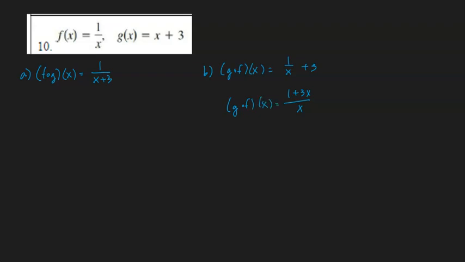Okay, now let's go ahead and figure out the domain of f. x cannot be equal to 0, and the domain of g is all real numbers. Now let's look at A, where g was the input.